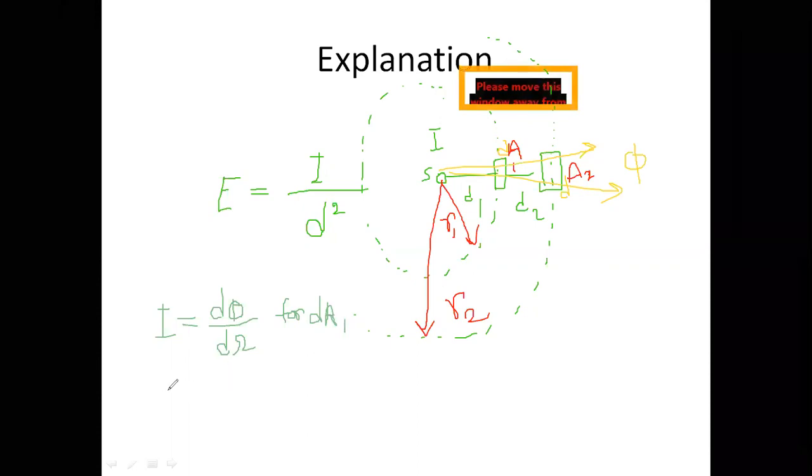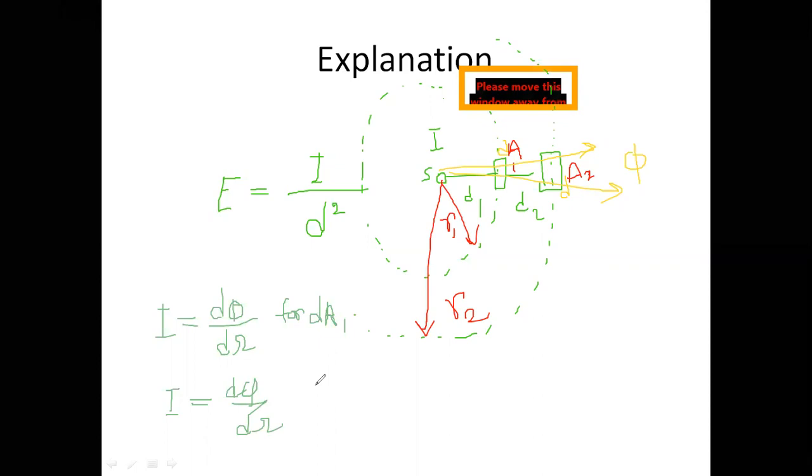Okay, and the same for intensity I, which is d phi by d omega, for dA2.